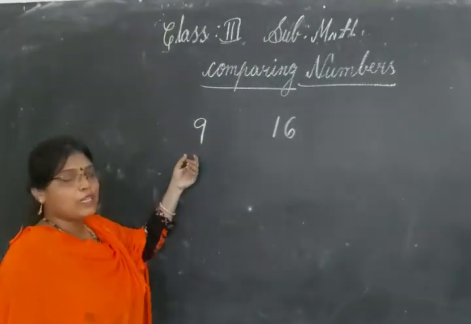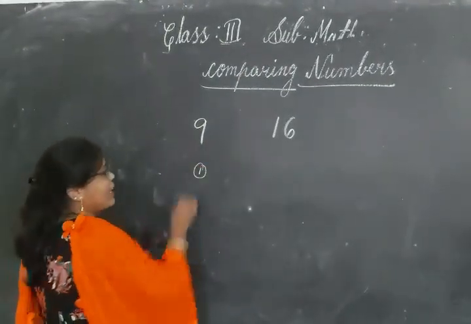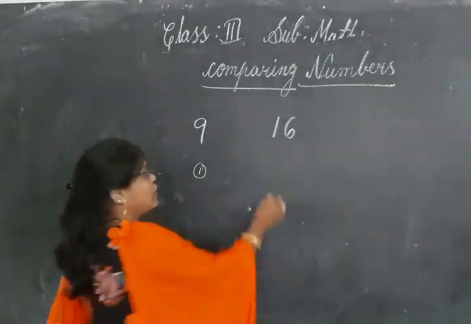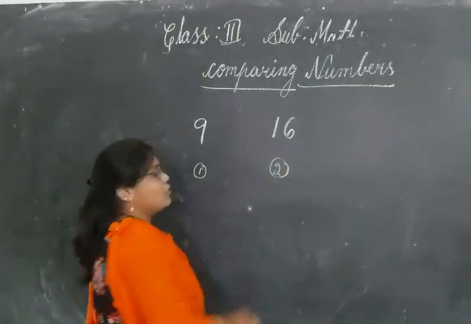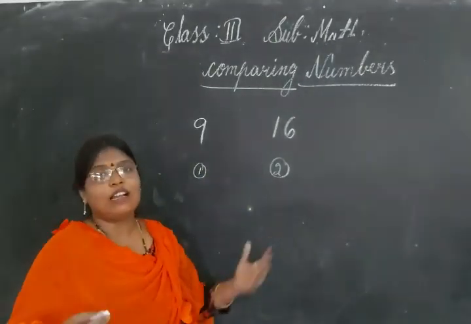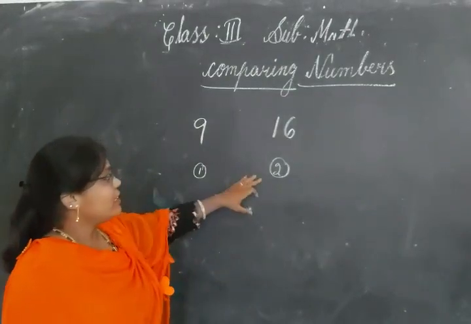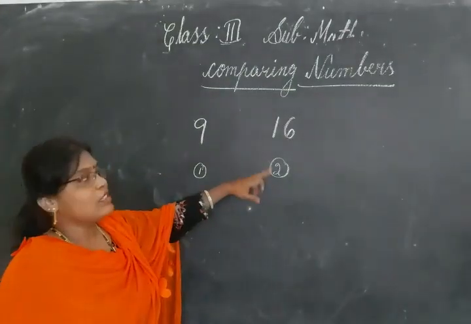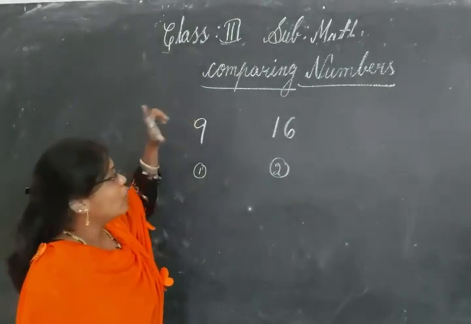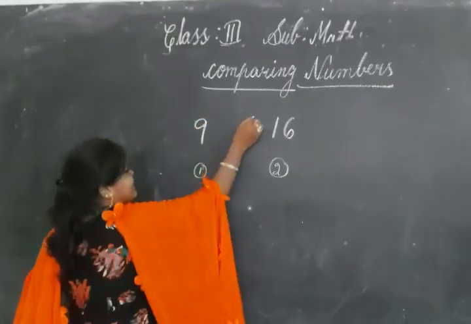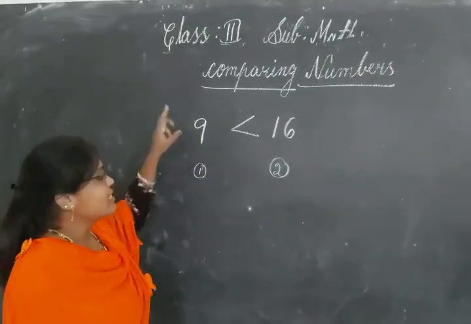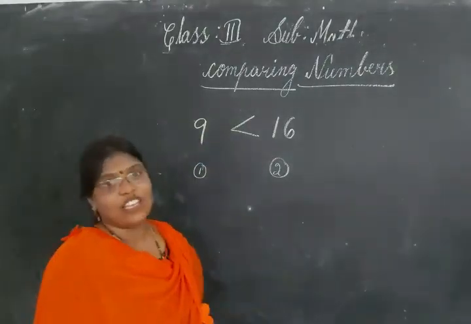Here how many digits do we have? Only 1. And here how many digits do we have in this number? 2. So which number has more digits? That number is bigger. Here in 16 we have 2 digits. So this number is bigger. So show opening towards 16. That is less than. So this number is less than 16.